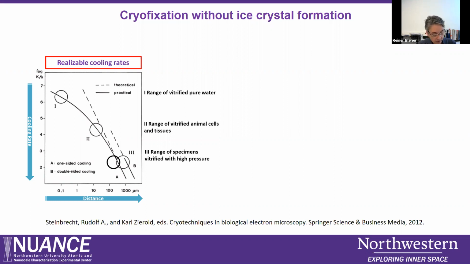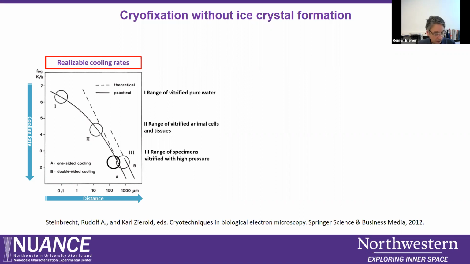Practice has shown, on the one hand, that sufficiently high values can be attained, and on the other hand, that the theoretically predicted limitations are correct. So pure water needs more than 1 million degrees per second freezing rate, and it has been possible to vitrify water in a thin layer. I mean, we are doing this on a regular basis in the Vitrobot, more or less, although that is not pure water, usually it's a physiological solution.